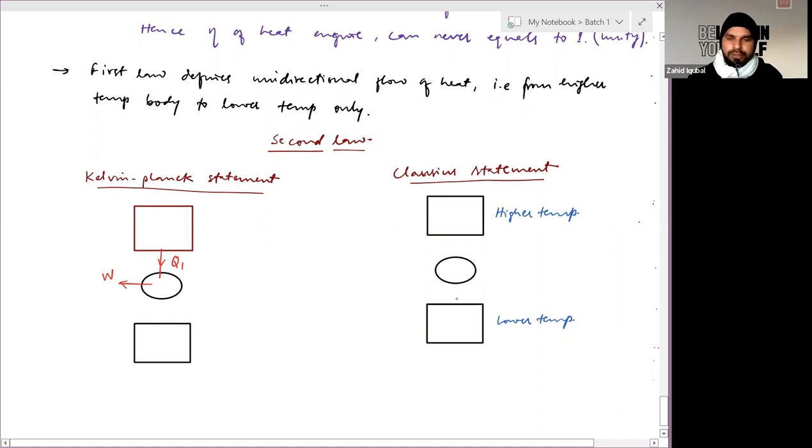It will not be possible to absorb heat from lower temperature body and completely transfer it to higher temperature body without use of external agency. This would not be possible.